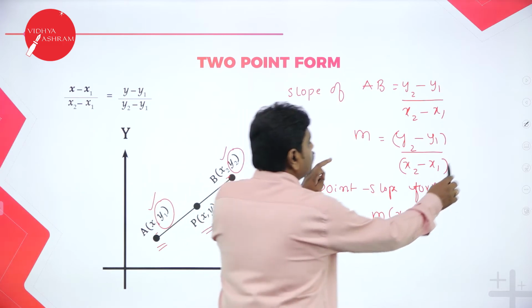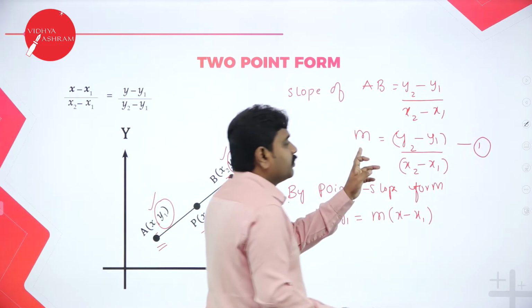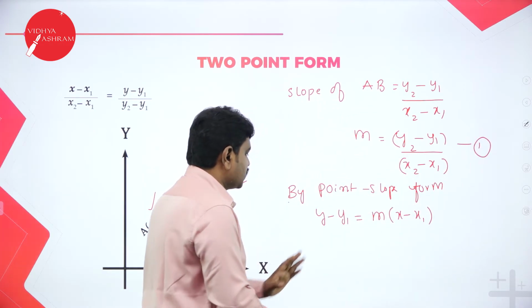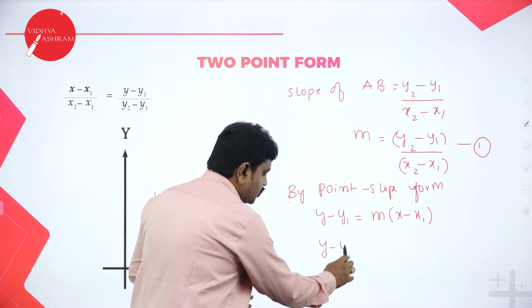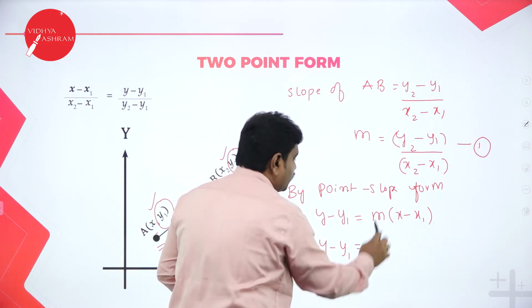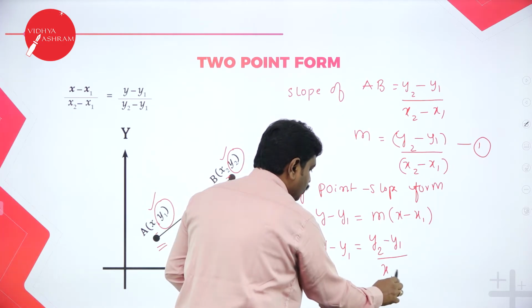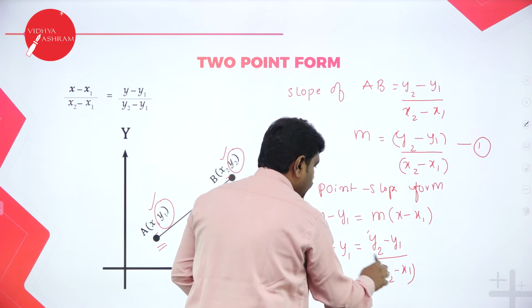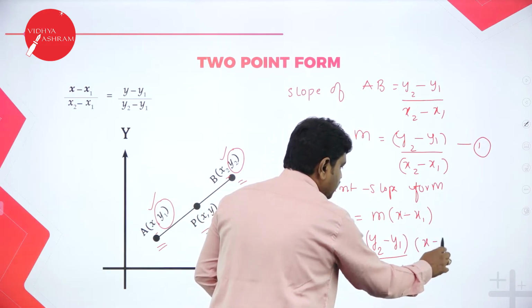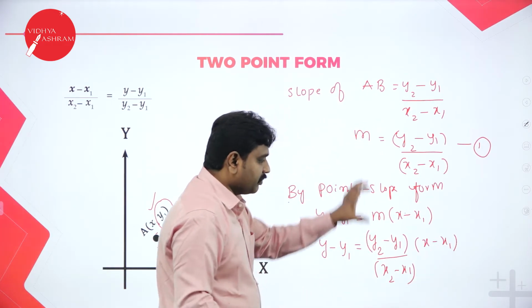Now in the place of m, substitute the value of m. What is m? y2 minus y1 by x2 minus x1. Substitute it. So y minus y1 is equal to y2 minus y1 divided by x2 minus x1, into x minus x1. I'm substituting the value of m here.